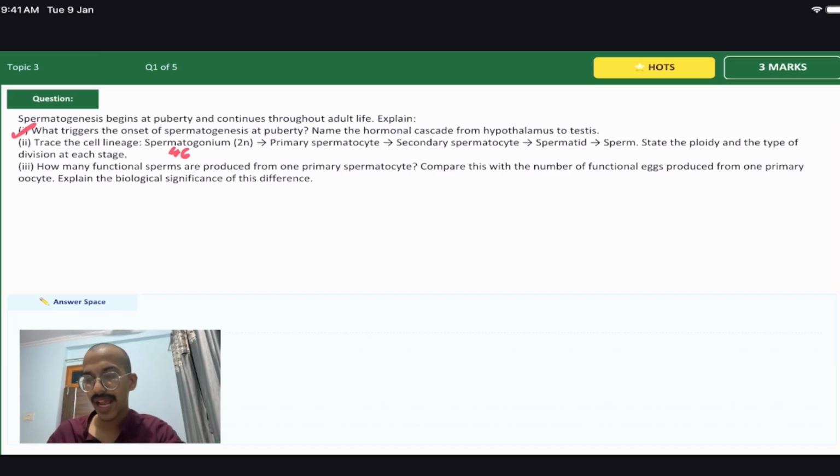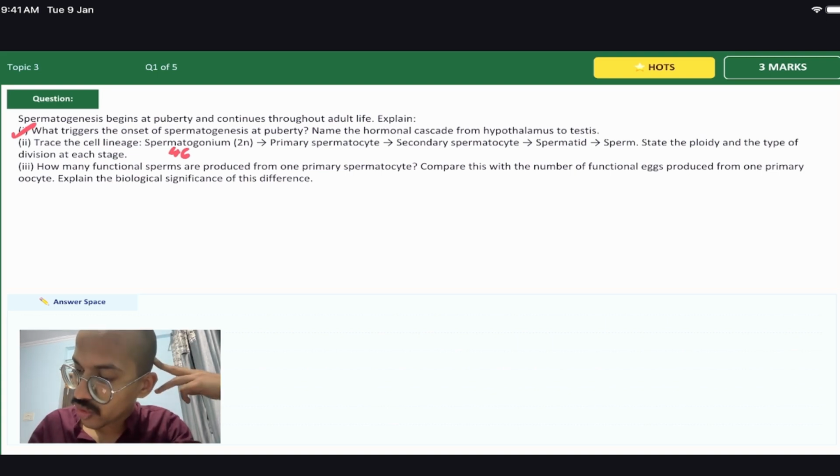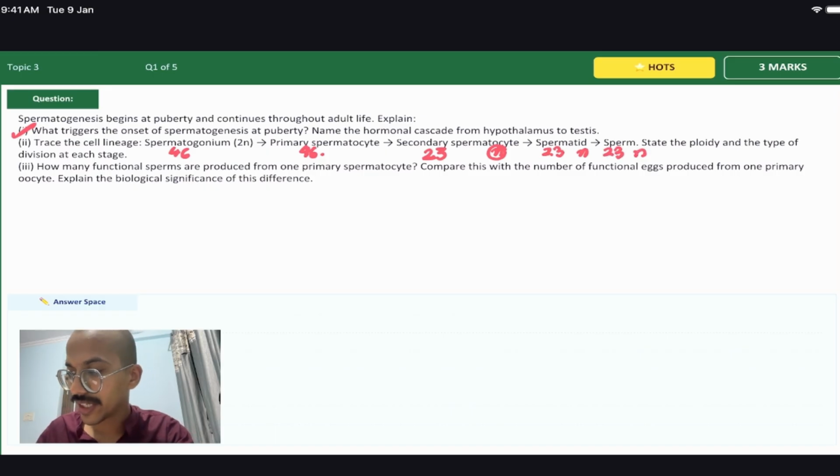Then it becomes the primary spermatocyte, which is nothing but a differentiated form of spermatogonia, so this is also 46. Then the secondary spermatocyte is a haploid structure, so it will be 23. Then spermatid will also be haploid, 23. Sperm will also be haploid, 23.